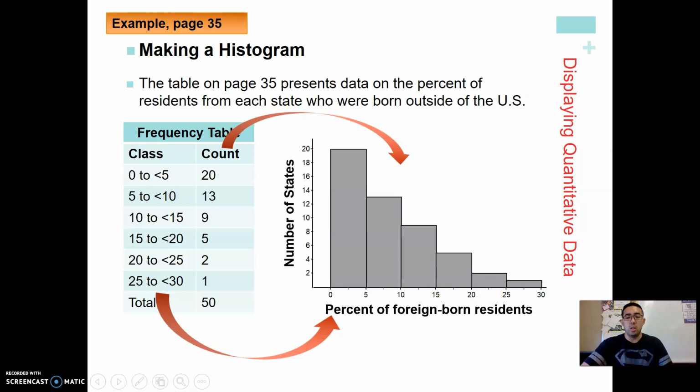If I were to change this to favorite colors, it wouldn't matter what order I put it in because there's no quantitative value. That is a bar graph. If I do have a quantitative value, however, I can't just take this 0 to 5 range and put it over here. If you want me to explain more, I can and I will during our time together.